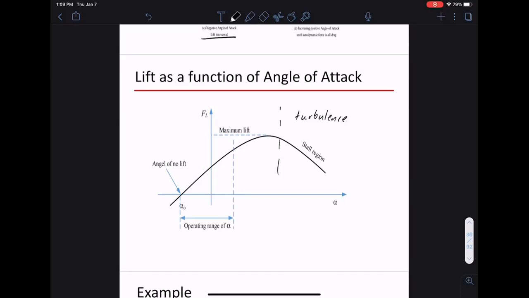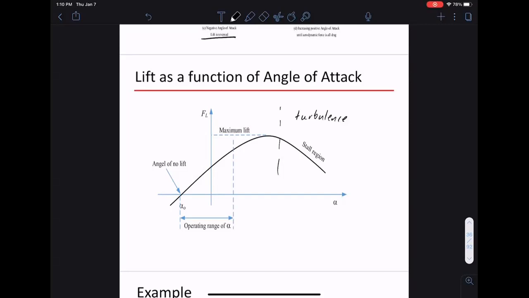I was curious what factors go into the safety margin? So there are different factors. One is your actuation capability, how fast you can turn the blade. If you have good sensors and fast actuation capability, you can operate closer to the maximum lift.